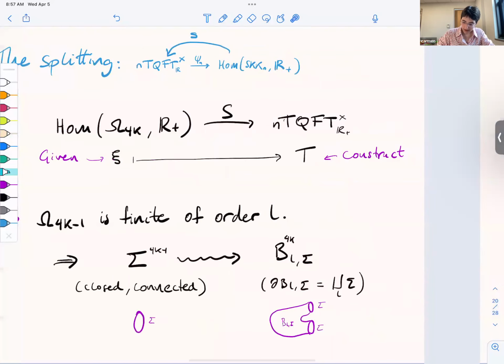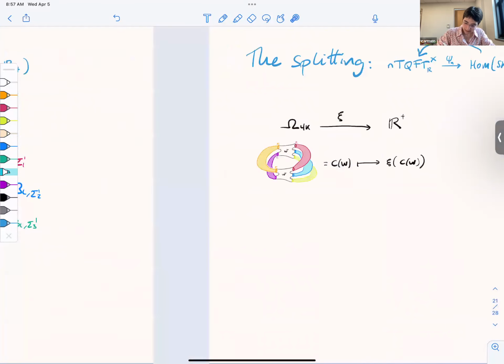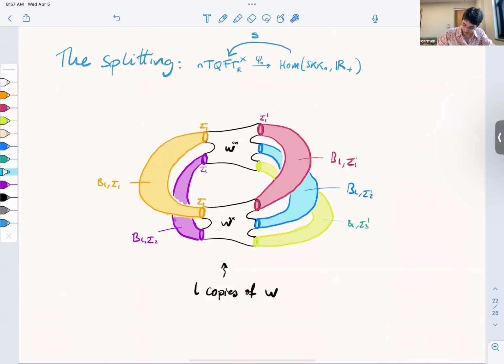You're going to take L copies of that, and now I'm going to close off these boundaries by saying, well, can I take my 2 copies of my sigma 2? Can I find something that makes that a boundary? Yes. Can I do it with some manifold? Yes. You can do it every single time. So you repeat. You do all of that, and you are able to construct this closed manifold.